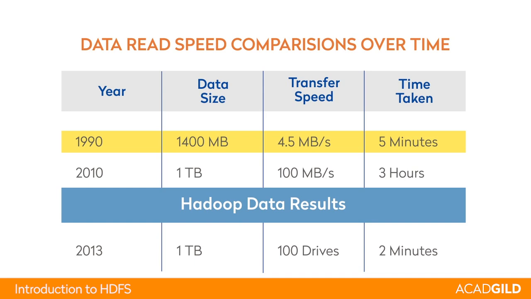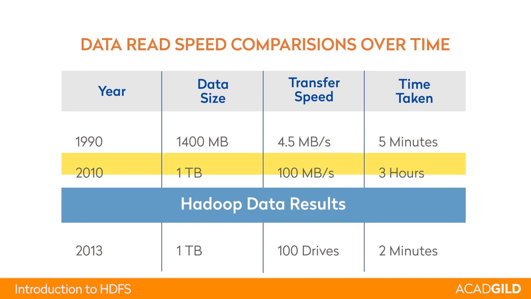And the transfer speed was 4.5 megabytes per second. The transfer speed means the time taken to bring data from your hard disk to the RAM, because unless you bring the data to the RAM, you can't do the processing. So if you divide the data size by transfer speed, it will come close to 5 minutes. It means in 5 minutes, you are able to completely scan the hard disk.